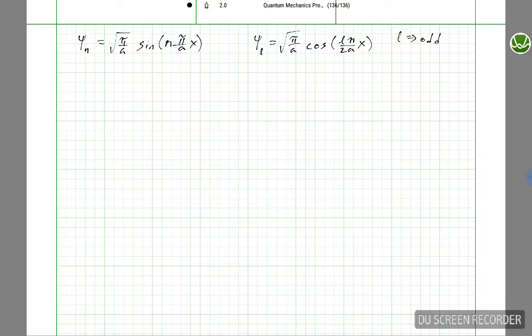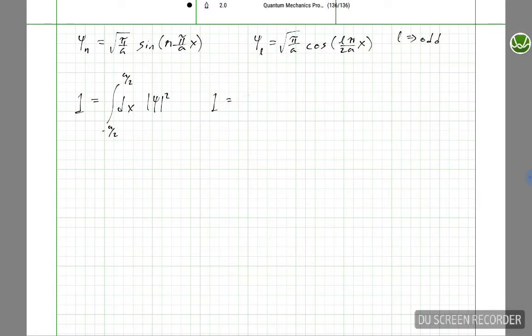So now to find that, it works the same way as before, let's go ahead and just look at this normalization. So that's the probability that we find our particle anywhere in the space. In this case, it would be between negative a half and a half.